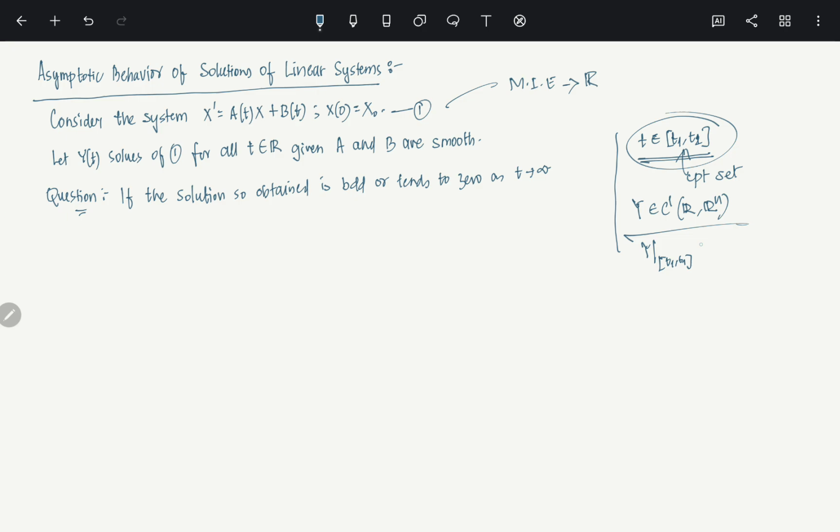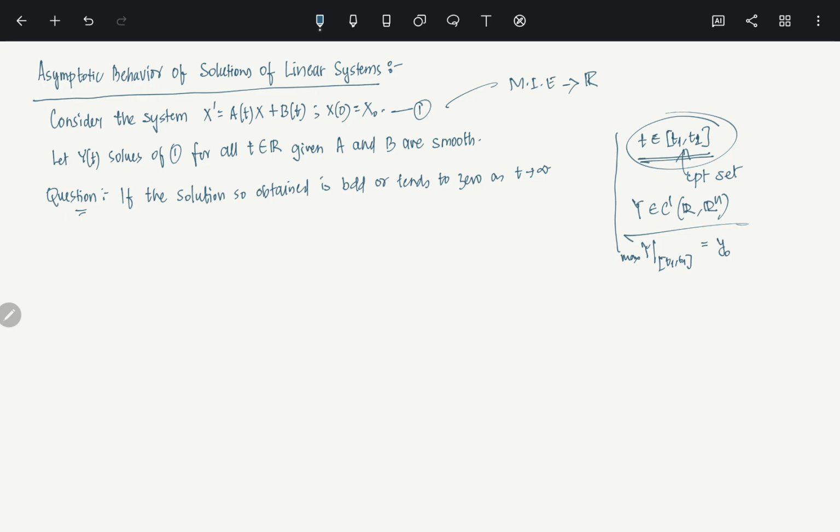That gives you that there is a maxima of y, and there is a minima. So we know that y is bounded on this set. But if you are looking at the whole interval, then we cannot say whether it is bounded or not. And that's the question we need to answer in this video.